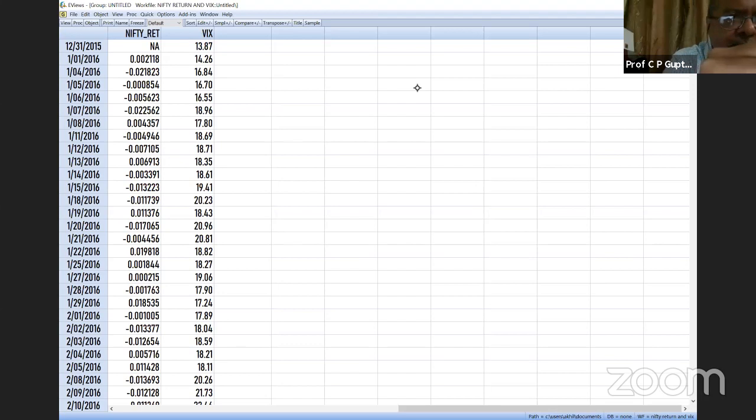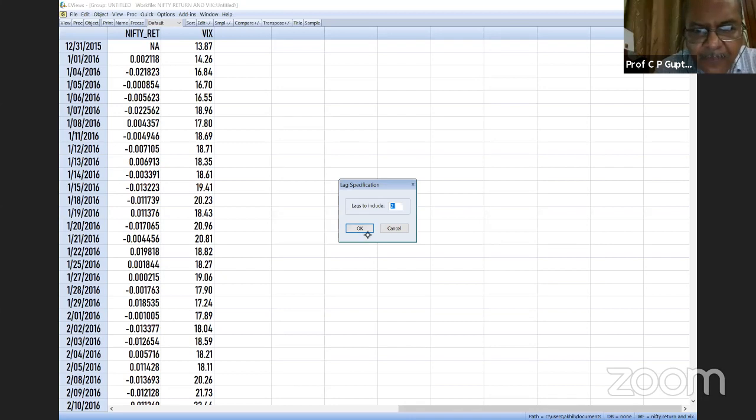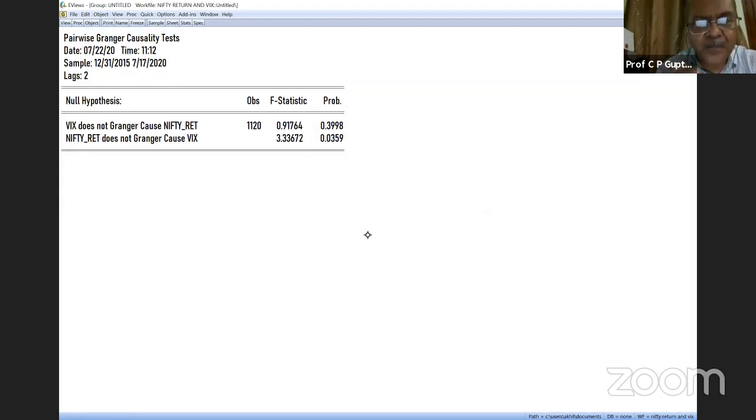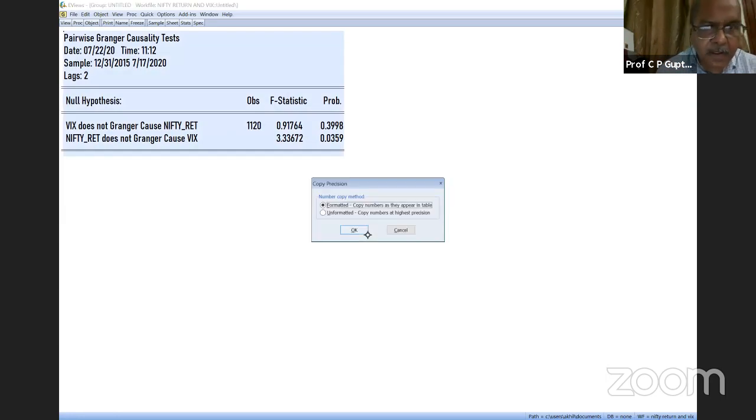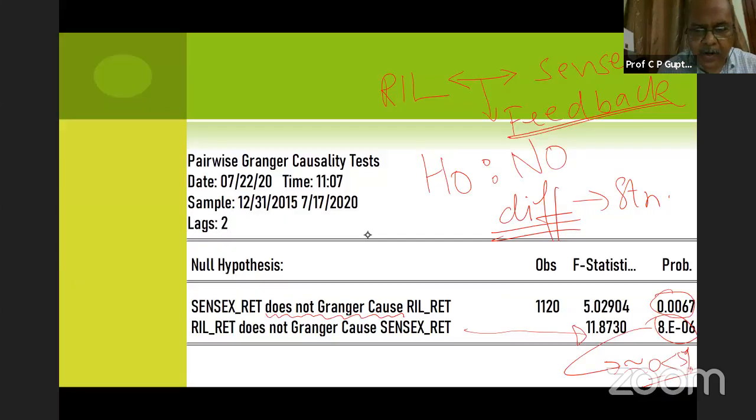And then we have View, Granger causality, lag 2 by default. I select this and put it on PPT.